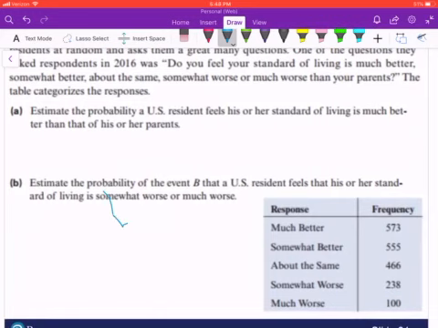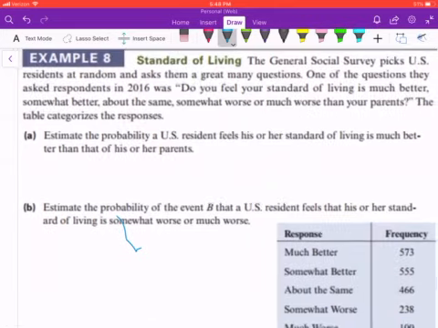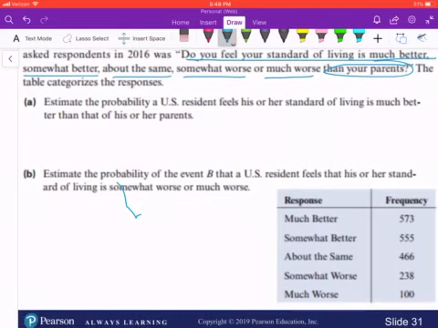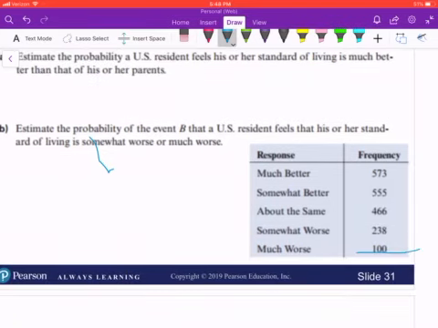The question was, do you feel that your standard of living is much better, somewhat better, about the same, somewhat worse, or much worse than your parents? So the total of people who took the survey, if you add all those numbers from the second column, we will obtain 1,932. So that's going to be our total.